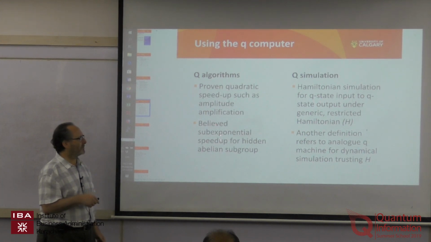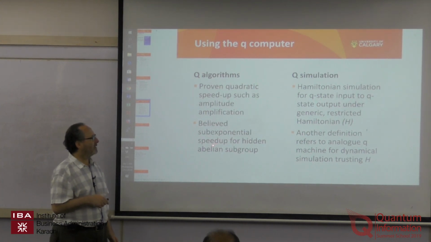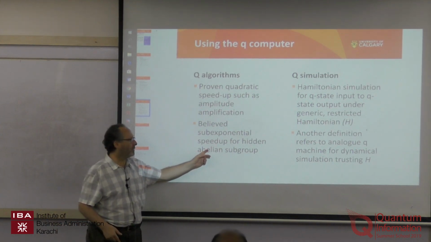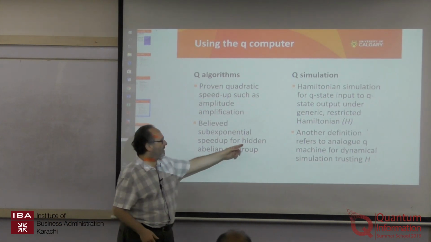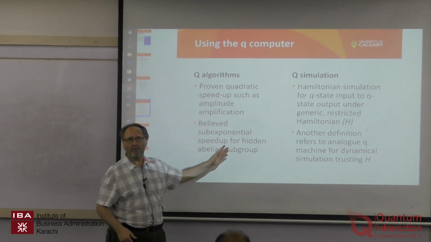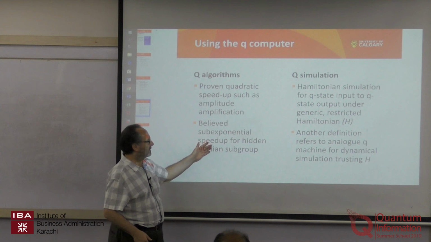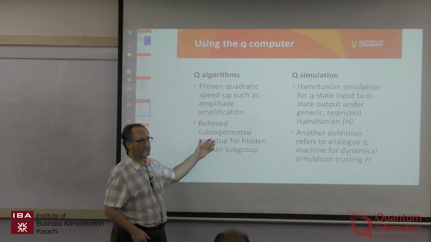The other famous quantum algorithm is the hidden abelian subgroup. This is what Shor's algorithm is underpinned by. So the hidden abelian subgroup problem, which I'll go into in my next lecture, this is the sub-exponential speedup.